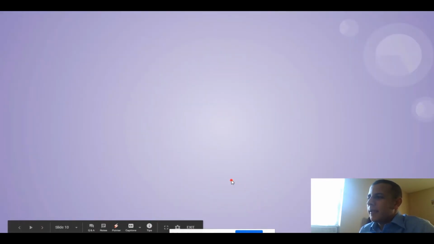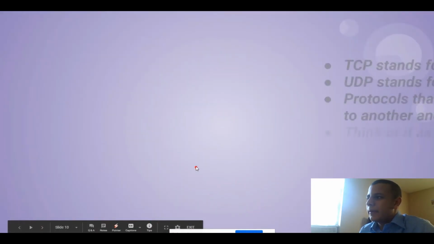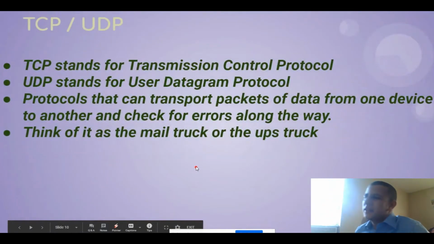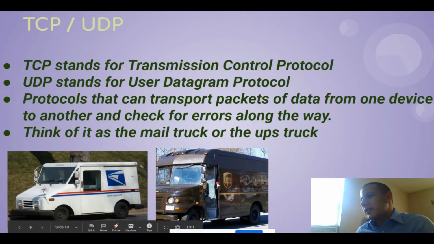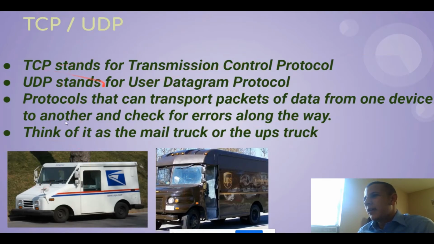TCP, you can think of as the mail truck, actually the UPS truck, and we'll go into that later. TCP and UDP are ways of getting your message through the internet.